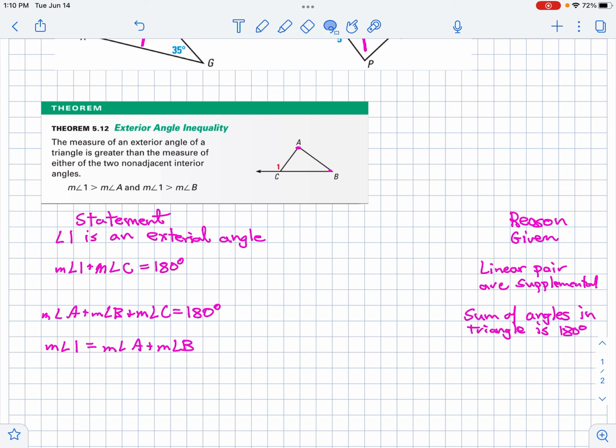Okay, so we can make that conclusion because they're supplements to the same angle.